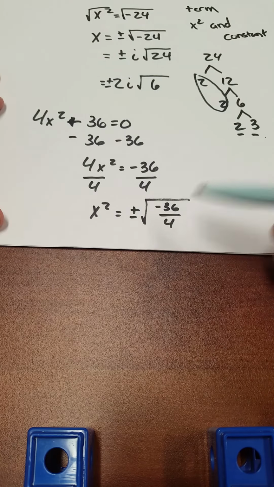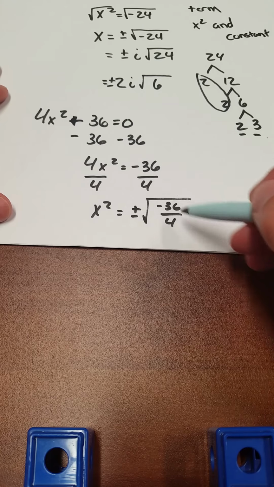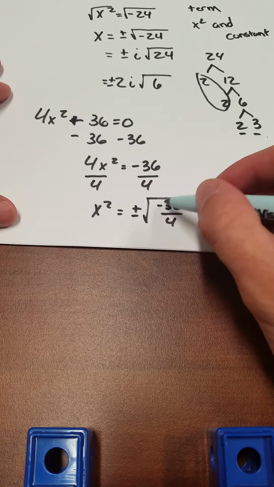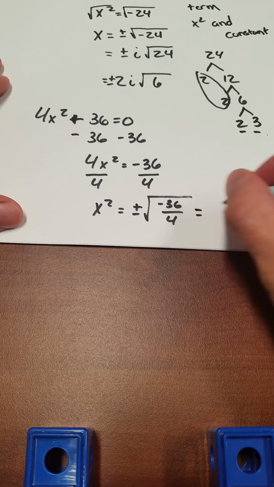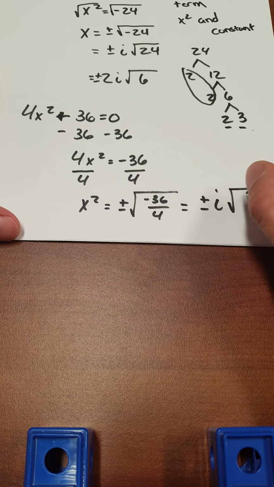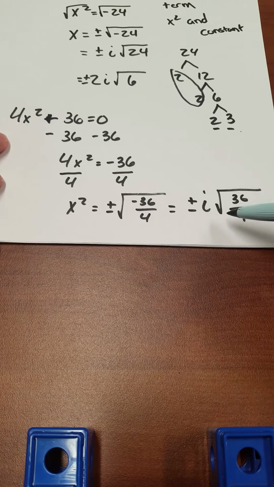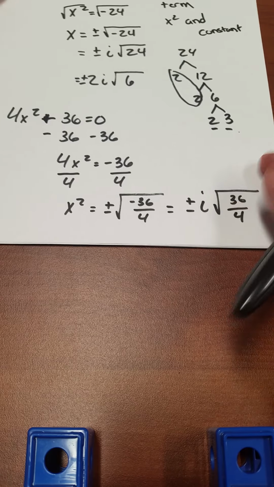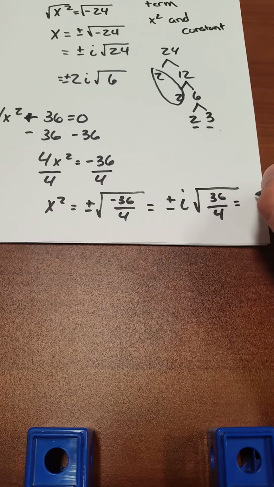One thing you should have realized pretty quickly is that 36 and 4 are both perfect squares. But we have a negative underneath, so let's take care of that: plus or minus i square root 36 over 4. And you can actually simplify inside the radical as well. So 36 divided by 4 will give you 9.